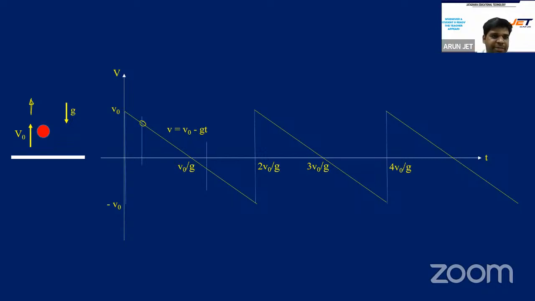Akhilesh also says descending. Why is it descending? Because at this instant of time, if I draw a vertical line, it intersects the graph over here, at a negative value of velocity. Negative velocity means, according to our convention, the particle is coming downward. So that's descending. That's a perfectly right answer, students. Very good.